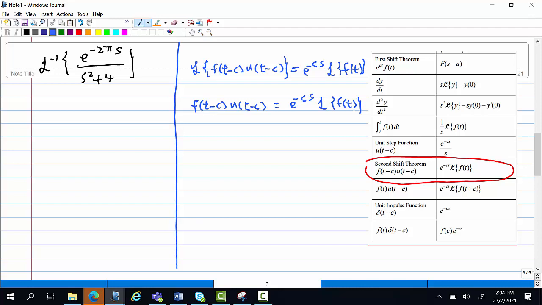From the expression, my c is equal to 2π. By comparison, first thing, c is equal to 2π.